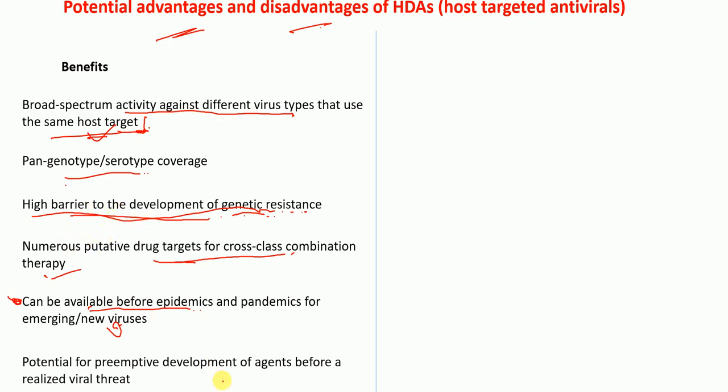Okay, so that is also a major advantage of these agents. The next advantage is the potential of preemptive development of agents before a realized viral threat. This I already discussed.